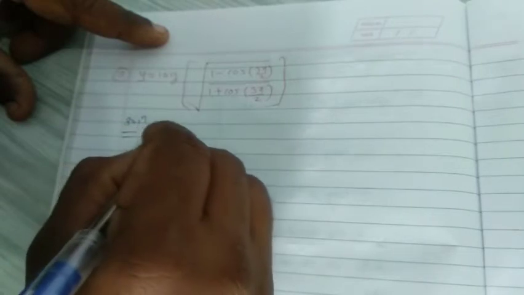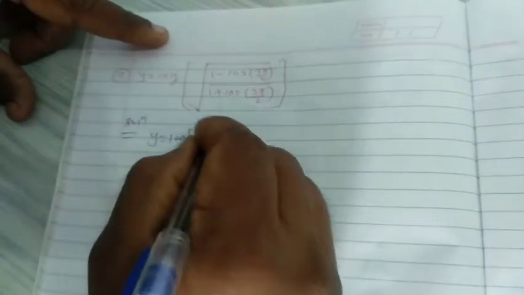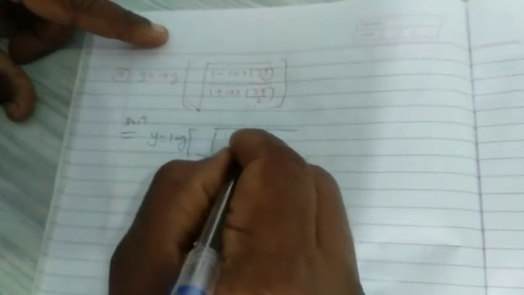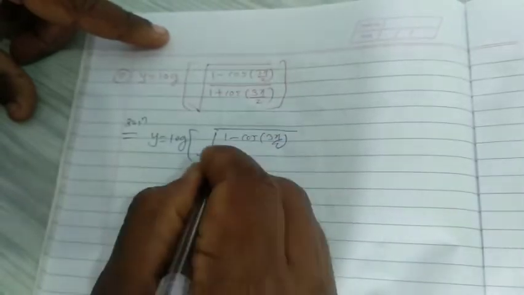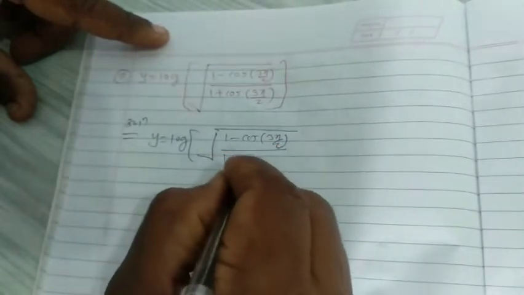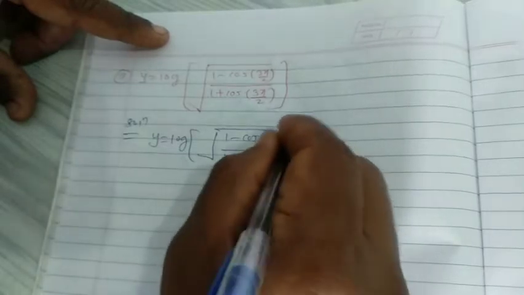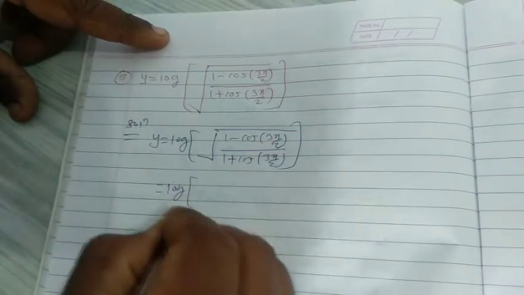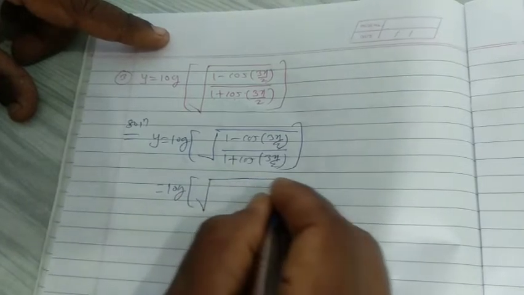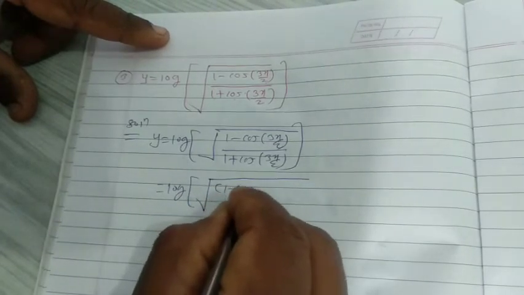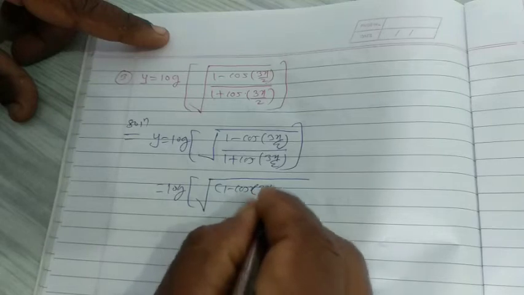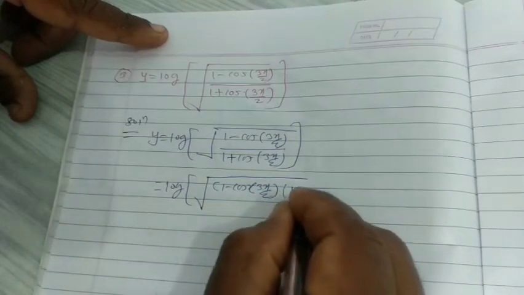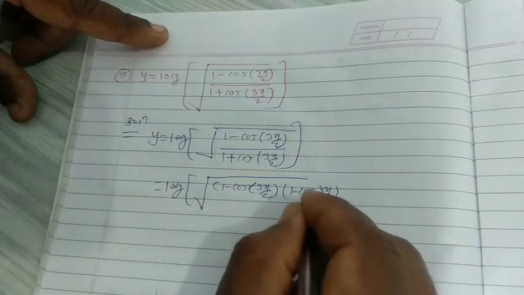Y is equal to log of square root of 1 minus cos 3x upon 2 divided by 1 plus cos 3x upon 2. Then by using the rationalization of the denominator, we multiply by 1 minus cos 3x upon 2 over 1 minus cos 3x upon 2.